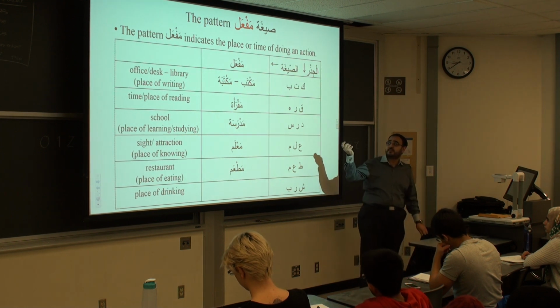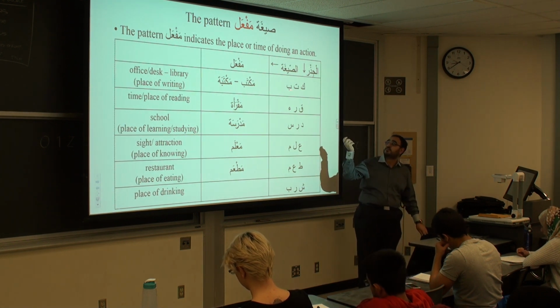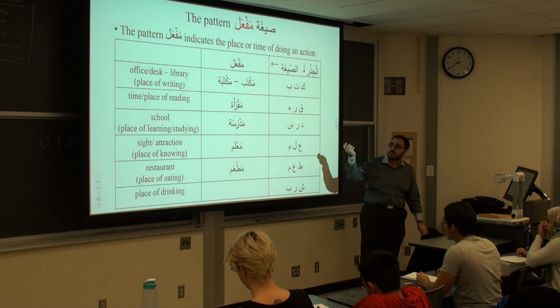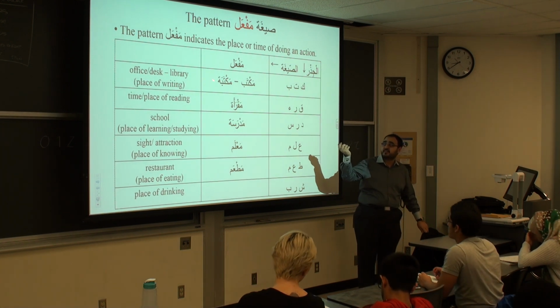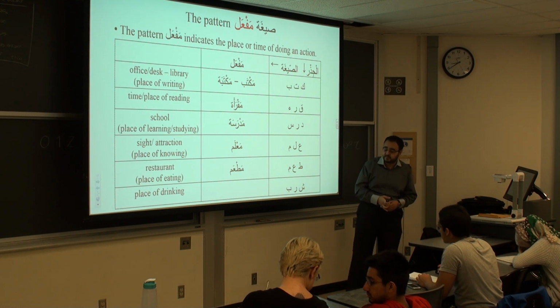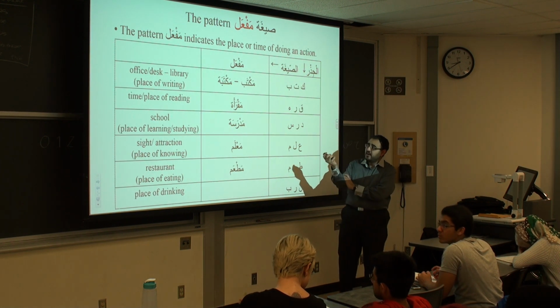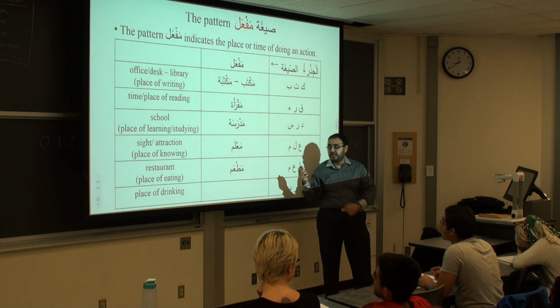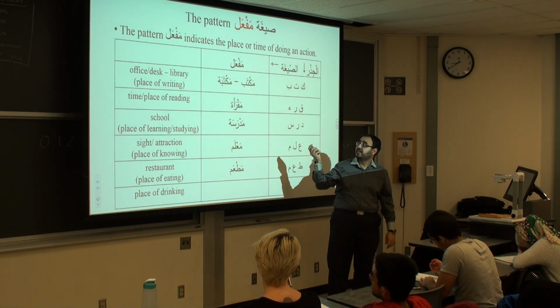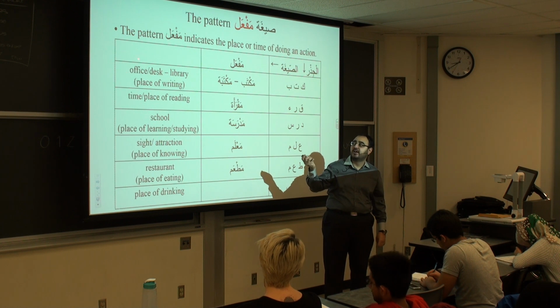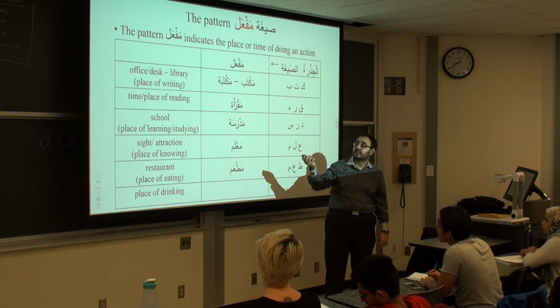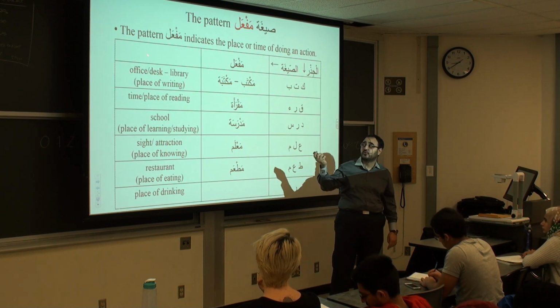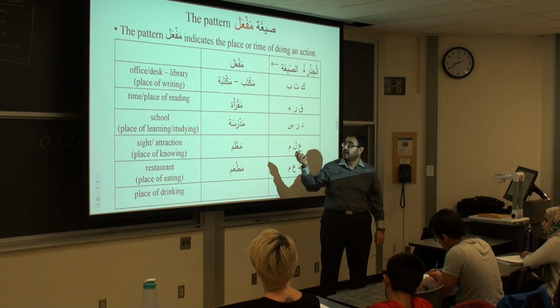Okay, this is the masculine singular, i.e. the place of writing, and this is the feminine singular of the place of writing still. So maktab and maktaba both indicate the place of writing. Maktab has been used recently to indicate either office or desk in modern standard Arabic.